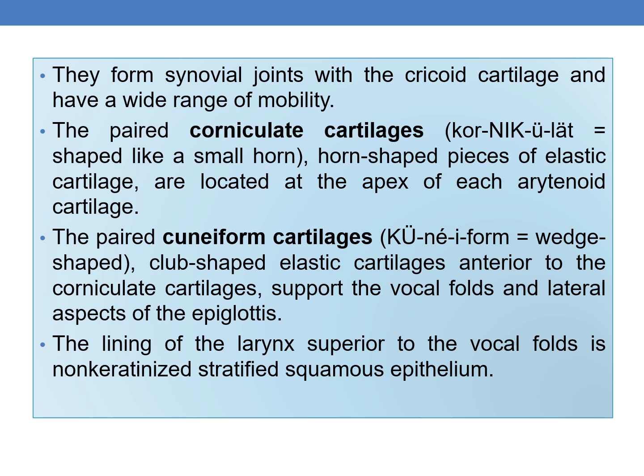The pair of corniculate cartilages, horn-shaped pieces of elastic cartilage, are located at the apex of each arytenoid cartilage. And the paired cuneiform cartilages are club-shaped elastic cartilages anterior to corniculate cartilages that support the vocal folds and lateral aspects of the epiglottis.